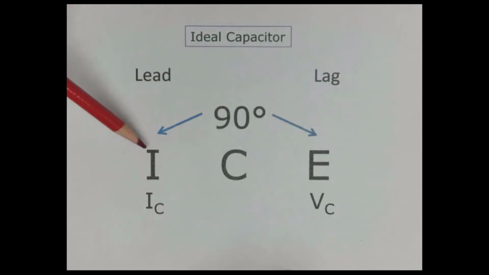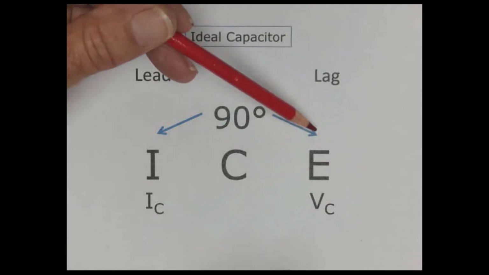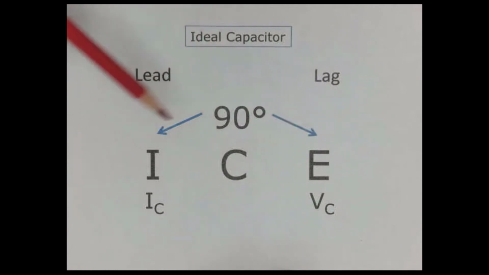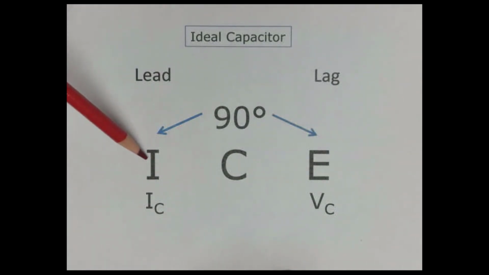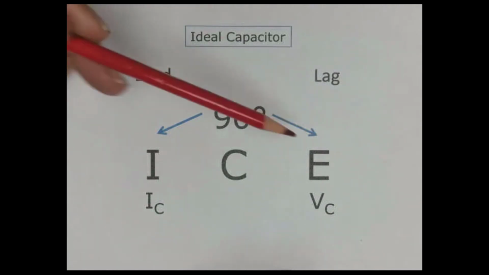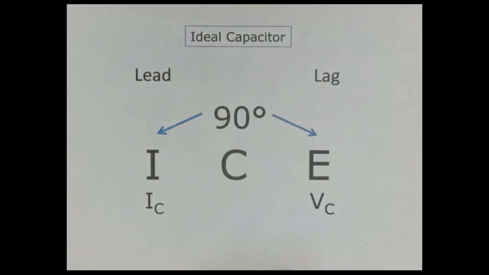First, the current through the capacitor will lead the voltage on the capacitor by 90 degrees, or it could be stated that the voltage on the capacitor will lag the current through the capacitor by 90 degrees. Second, the current through the capacitor can change instantaneously, while the voltage on the capacitor cannot. A capacitor opposes a change in the voltage on it.